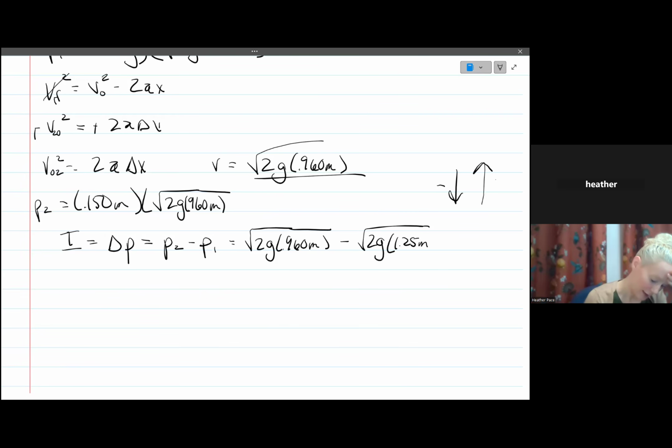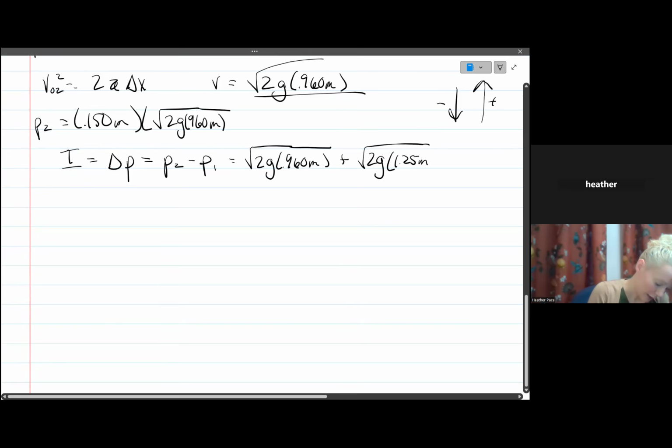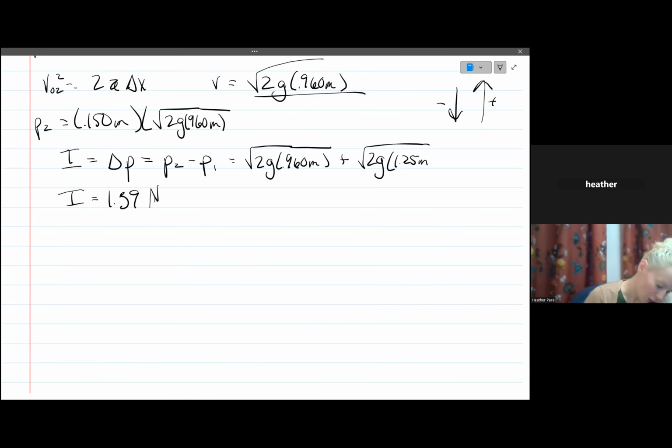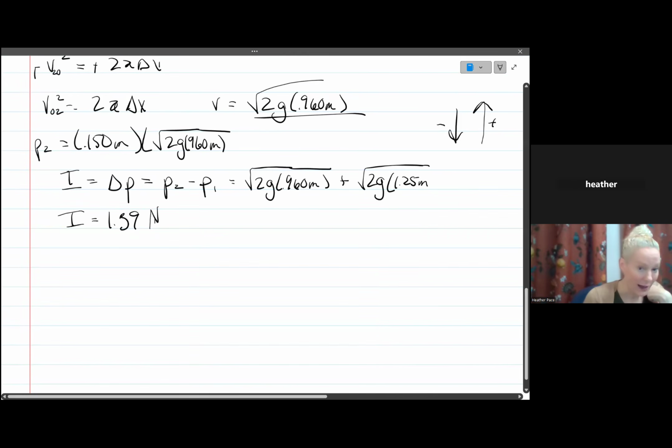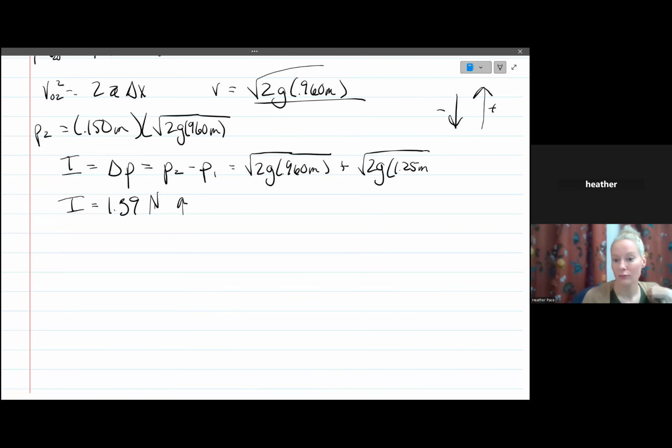That's negative, that's positive, that makes that a plus. So if we do the math, we end up with 1.39 newtons. Yes. And we need a direction, and our direction is going to be up, because positive, positive.